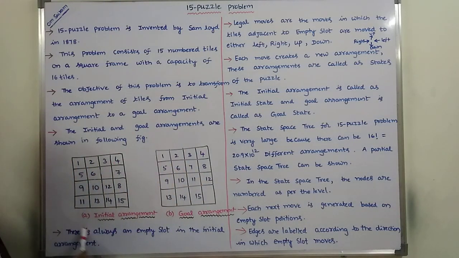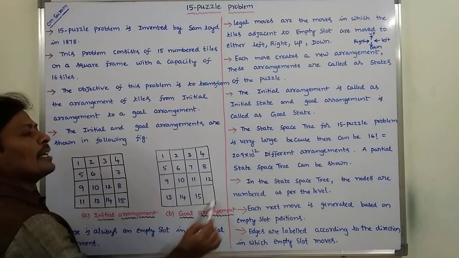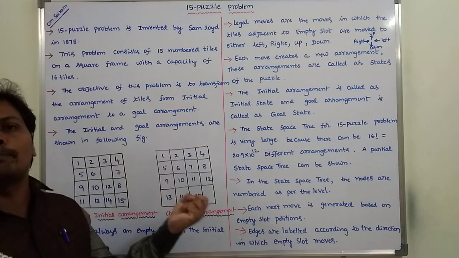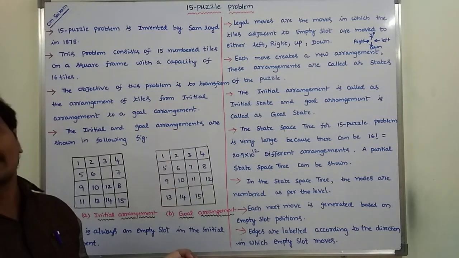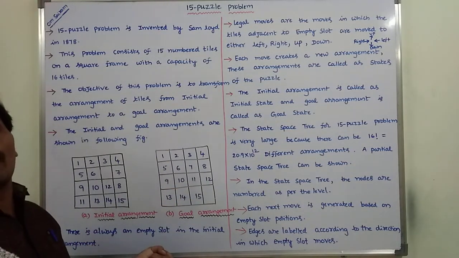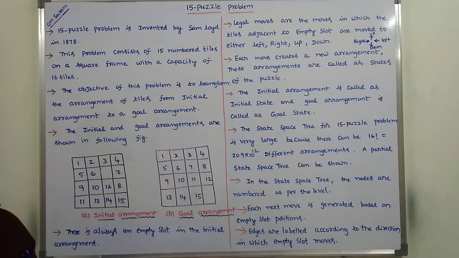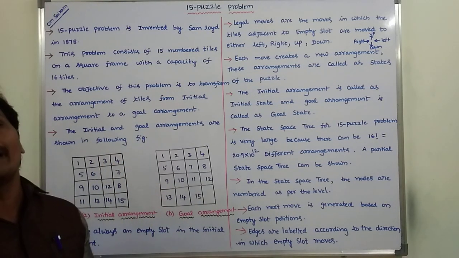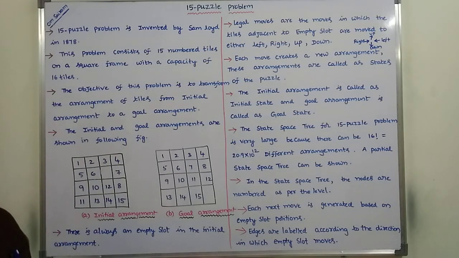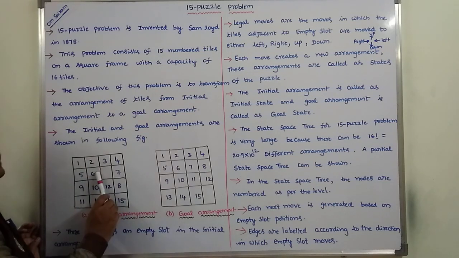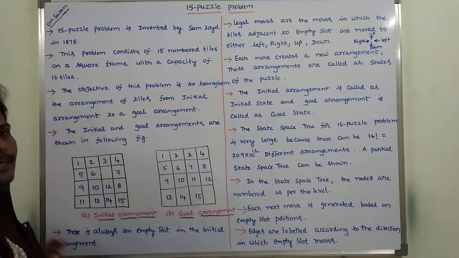Whatever new arrangement we obtain by moving the tiles adjacent to the empty slot is called a state of the puzzle. This is the initial state, and this is the goal state.